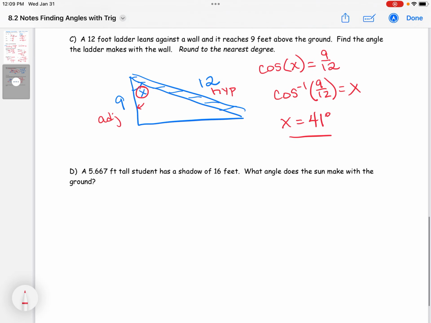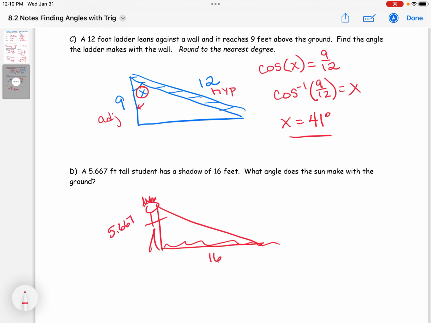All right. So I have a student and a shadow. Here's my student, and he is 5.667 feet tall. And then his shadow down here is 16 feet. What angle does the sun make with the ground? Here's my x, here's my opposite, here's my adjacent.